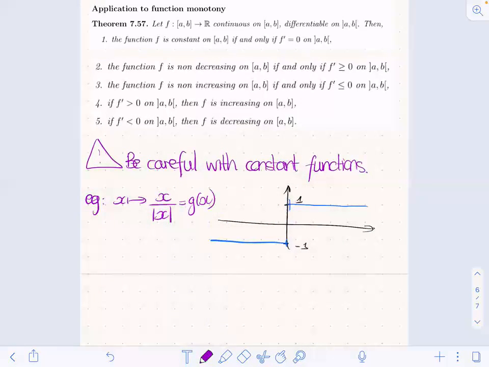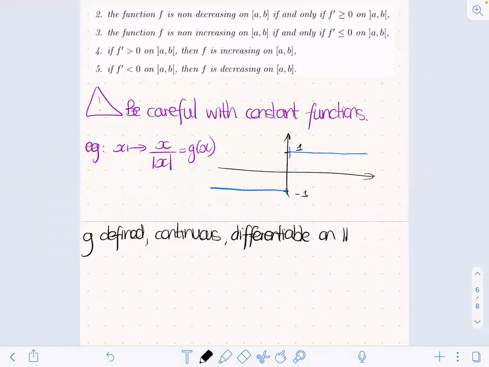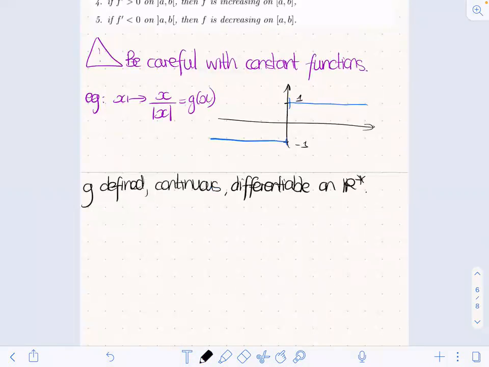So if you call that g of x, g is defined, continuous, differentiable on R star. And what's the derivative equal to? 0.